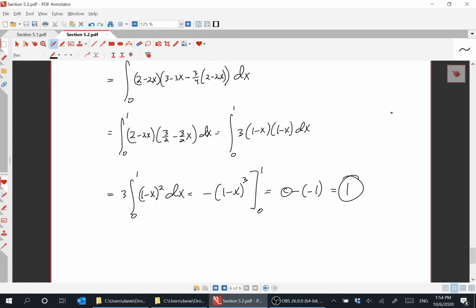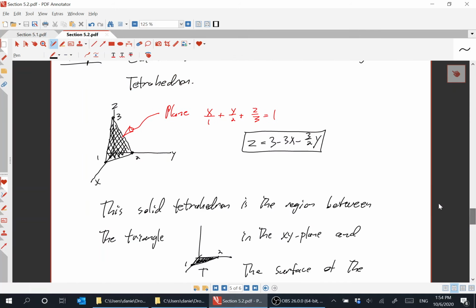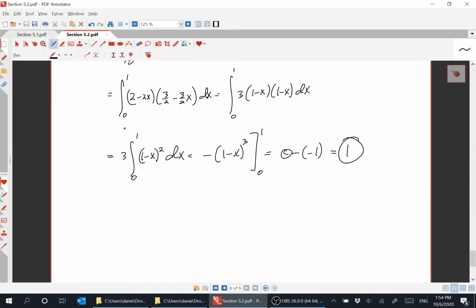Anyway, we can check that answer. It's well known, although maybe you don't know it, that the volume of a three-dimensional cone works like this. If you have a two-dimensional region R, and then you have this point anywhere, it doesn't have to be directly above, it can be anywhere above the XY plane.